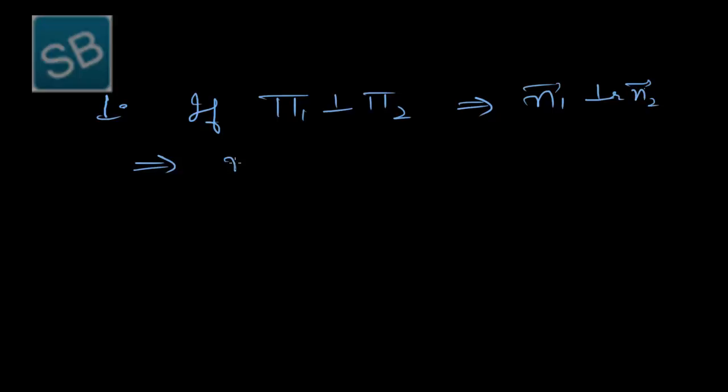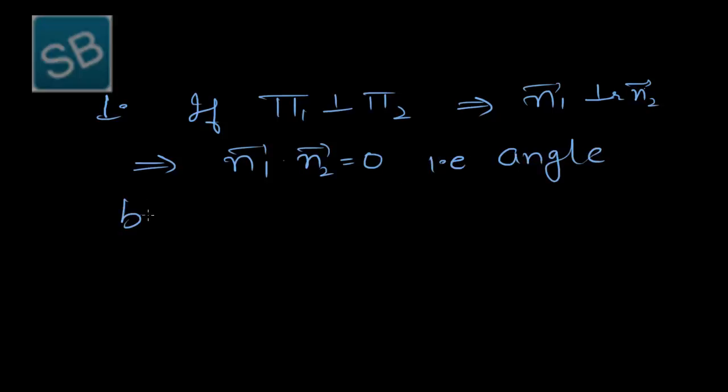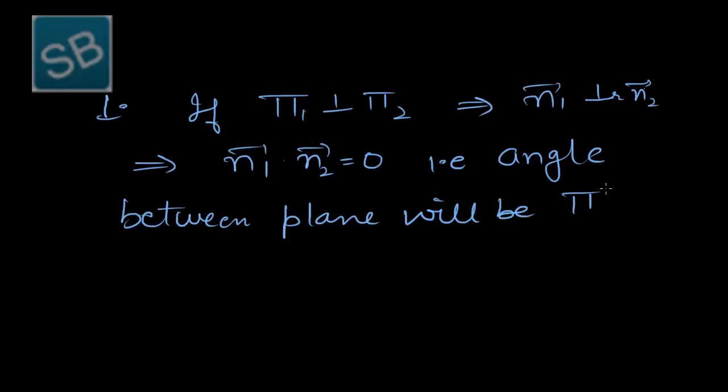That implies n1 dot n2 is equal to 0. That is, the angle between planes will be pi by 2.